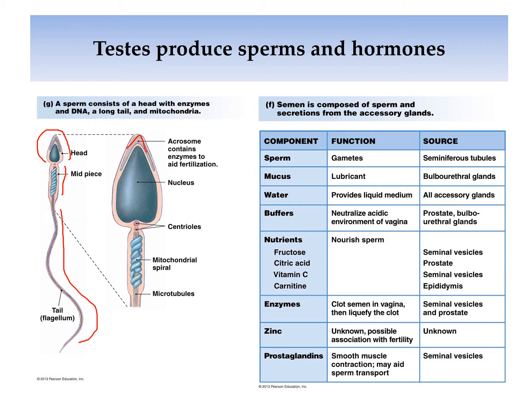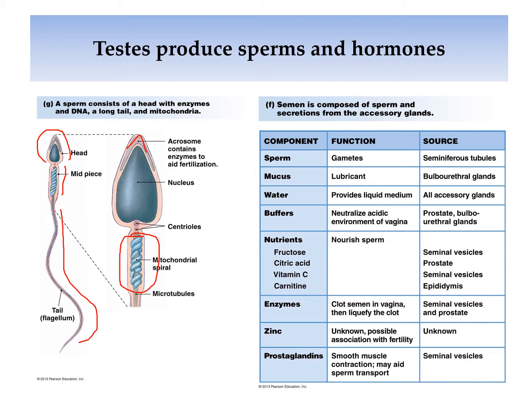This acrosome contains specific enzymes and proteins. Then you have the midpiece, which contains mitochondria. This is really important, because this is how the sperm produces ATP, and the ATP allows the tail to move up and down, sideways like a whip, which gives the sperm cells their motility.